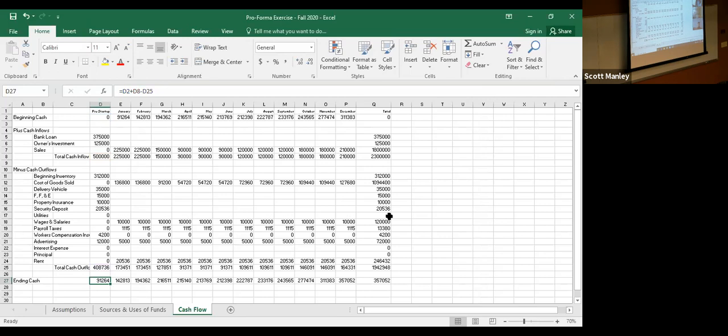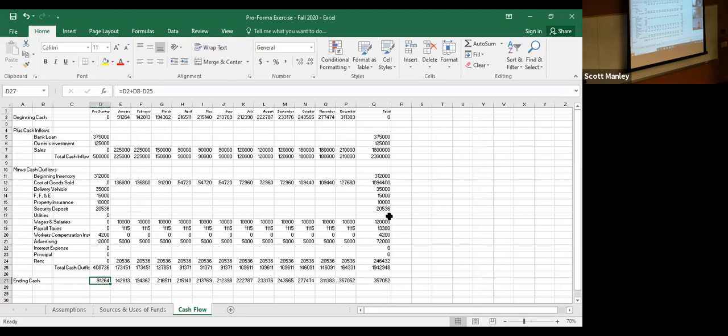In other words, we're treating pre-startup as this artificial period that doesn't really occur this year, but we're pretending like it does. So the money that I have left after I do all of my pre-startup is going to be the same money that I start January with.